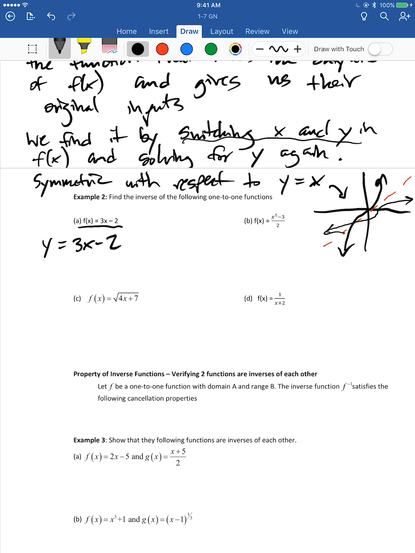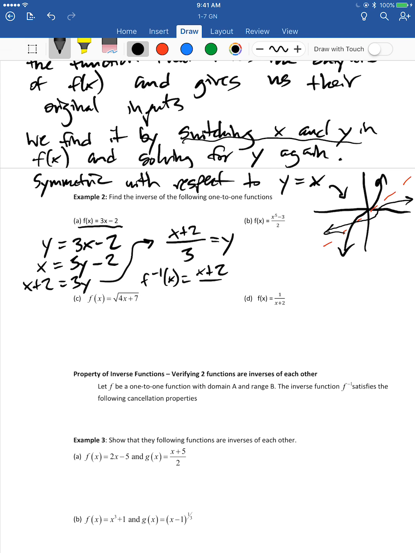And when I say switch, I literally mean switch their places. So instead of y equals 3x minus 2, I have x equals 3y minus 2. And now I solve for y again. So I add 2 to both sides, and then I divide both sides by 3. So I'm left with x plus 2 over 3 equals y. So that means my f inverse of x is x plus 2 over 3. That's all I need to do.